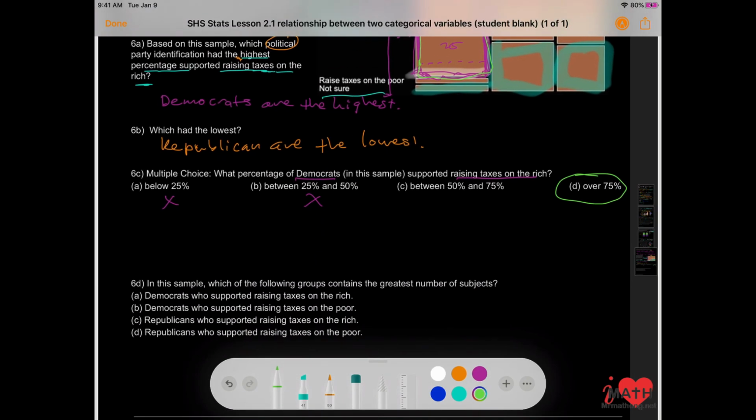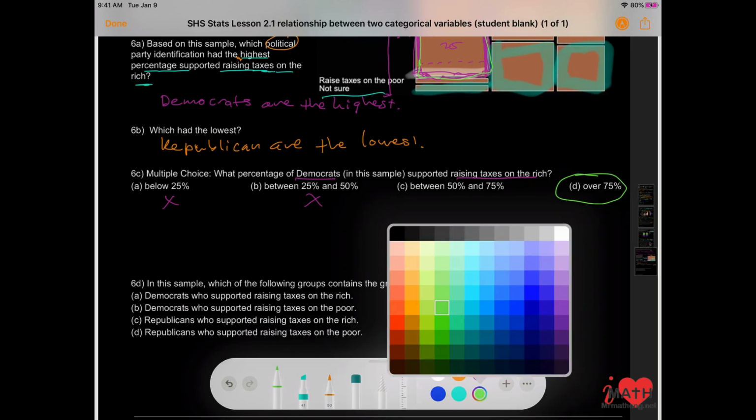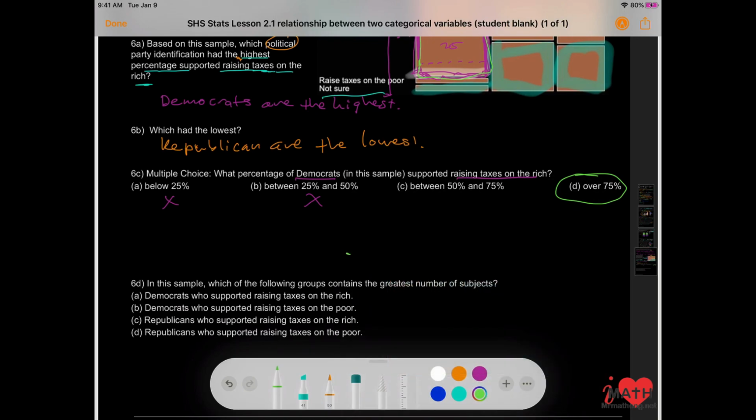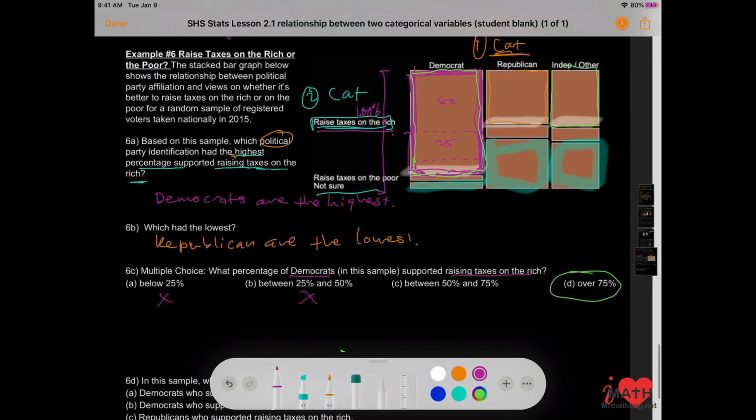All right, 6D. In this sample, which of the following groups contains the greatest number of subjects? So which of those rectangles is the biggest? Well, we keep going back to this one rectangle, right?